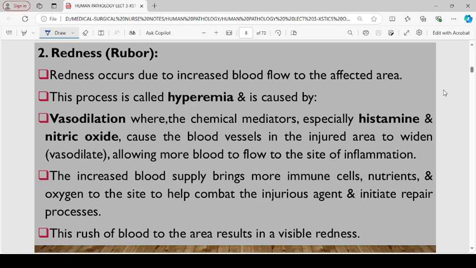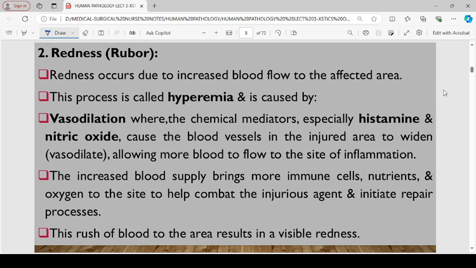Number two is redness, and redness occurs when there is increased blood flow to the affected area. Remember, this process is referred to as hyperemia, and it could be caused by a number of factors. Let's say vasodilation. This is where chemical mediators, especially histamine and nitric oxide, cause blood vessels in the injured area to widen, and this will allow more blood to flow to the site of inflammation.